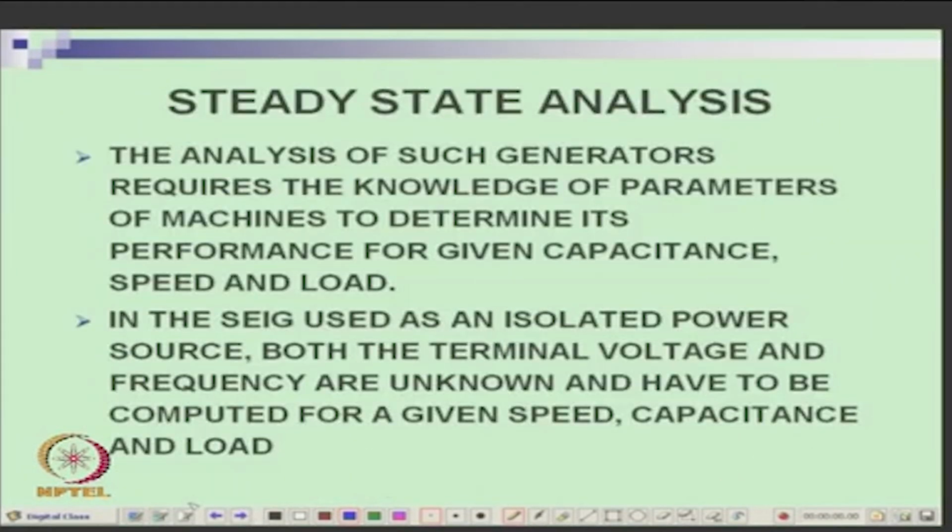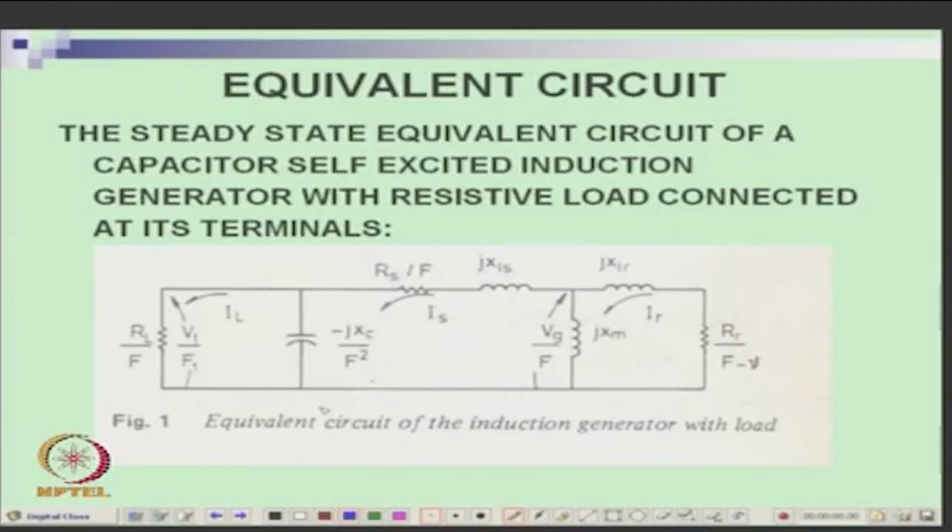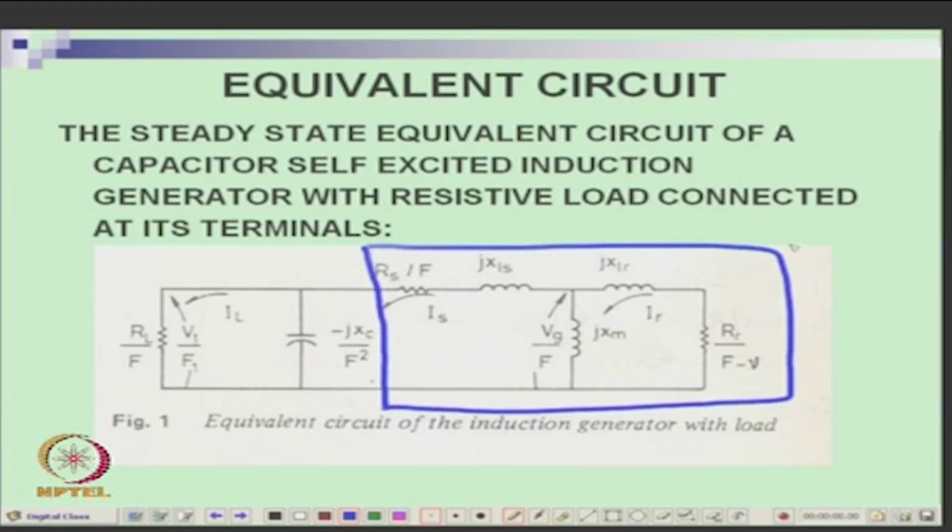Right. So, we are considering steady state analysis, not the transient analysis. We take the steady state equivalent circuit of the 3-phase induction machine. We have already said that this will be the machine equivalent circuit that we can use, that is the induction machine, and you have connected a capacitor.